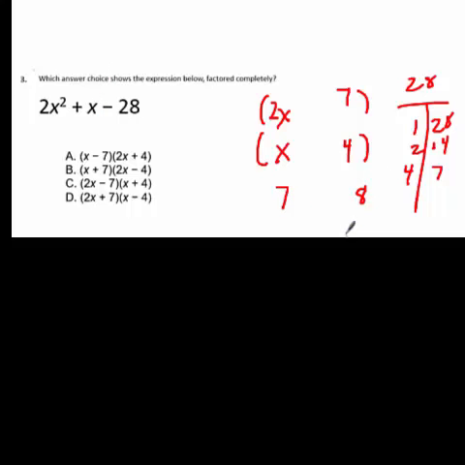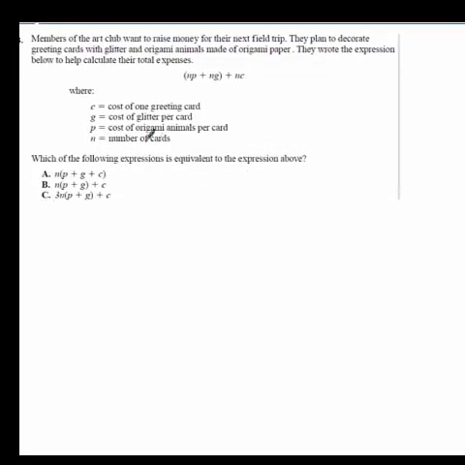And yes, that does make a positive 1 because 8 minus 7 equals 1. So that means this has to be minus, this has to be plus. So I'm looking for 2x minus 7 and x plus 4. There is our answer.